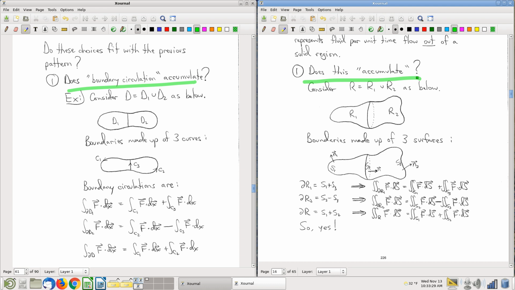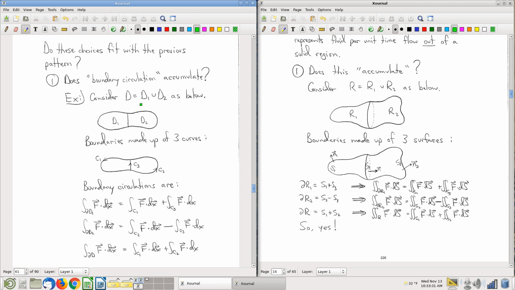Okay, well, fine. For this question, we looked at two regions, right, with a shared boundary curve, or you might say I took a big region and I sliced it in half. Here we're going to look at two solid regions with a shared boundary surface, right?